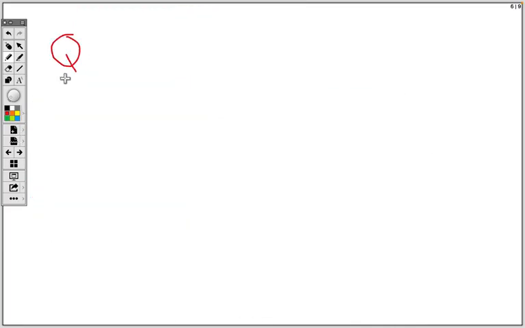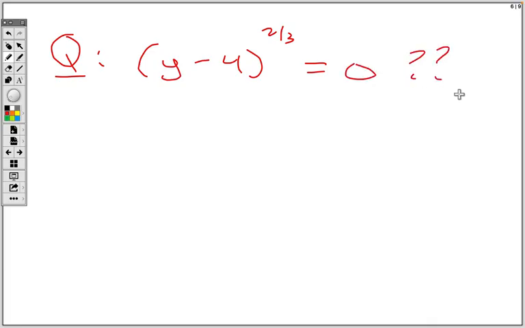So here's the big question of the day. What if (y minus 4) to the 2/3 equals 0? Because when you divide by a variable, you're assuming that variable can't be 0. Now, when we divide through by the x, the independent variable, once again, that just says, okay, well, that's going to pick x as either positive or negative or whatever. But here we're dividing through by a y, and y is the dependent variable.